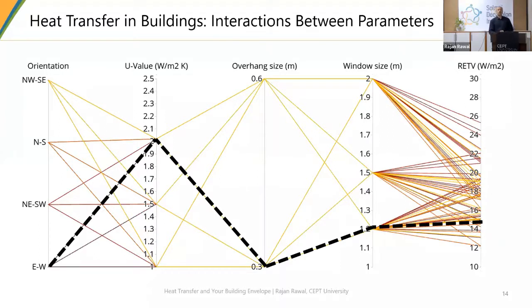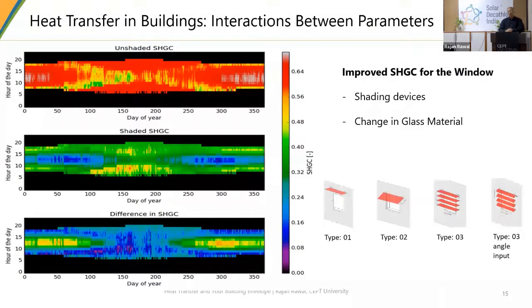What I'm also showing you is an output of a small tool which might be available with you as well, showing the impact of shading. Shading is one of the most cost-effective ways of protecting your window and achieving lower heat gain coefficient or high performance windows.